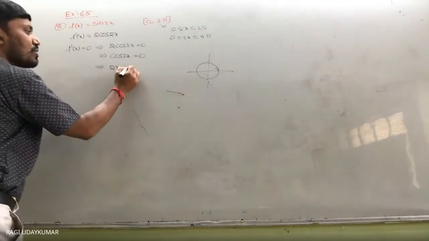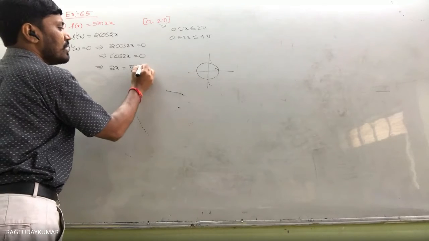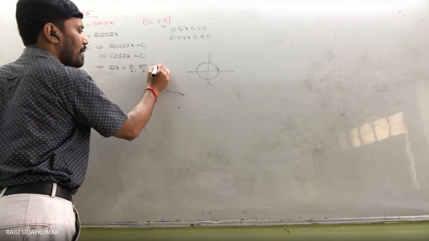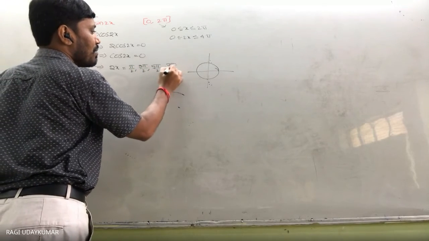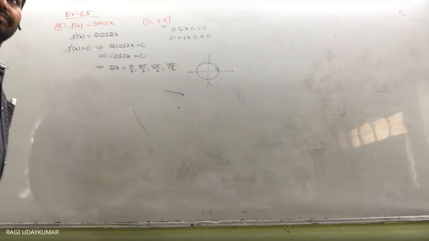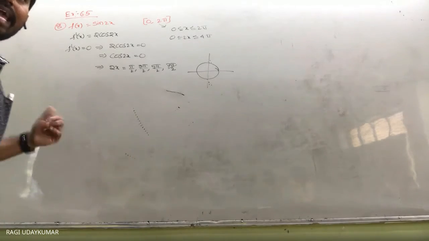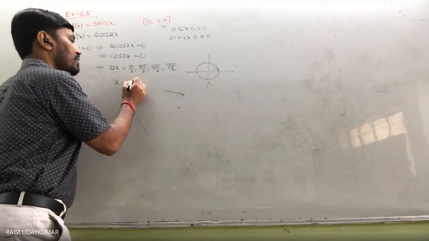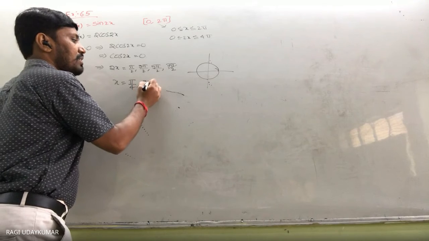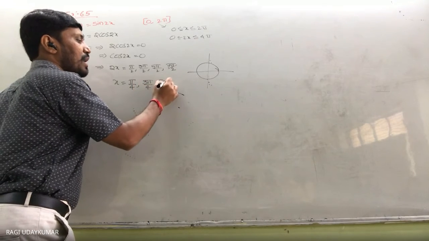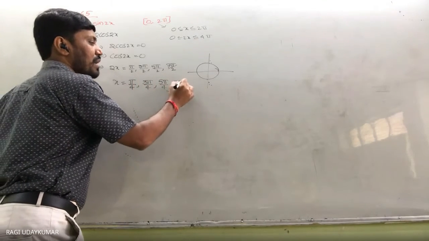So these are the values of 2x. Then the x values we get are pi/4, 3pi/4, 5pi/4, 7pi/4.